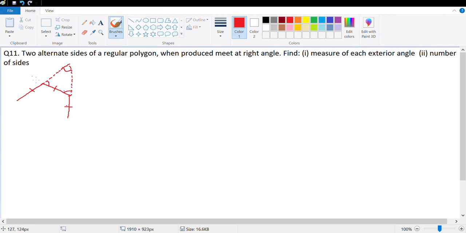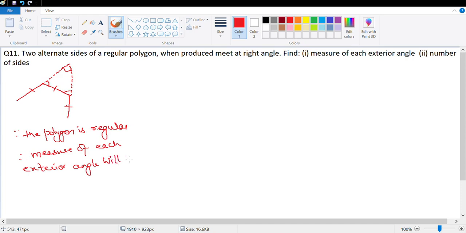So let's just write that down. Since the polygon is regular, therefore measure of each exterior angle will be equal.